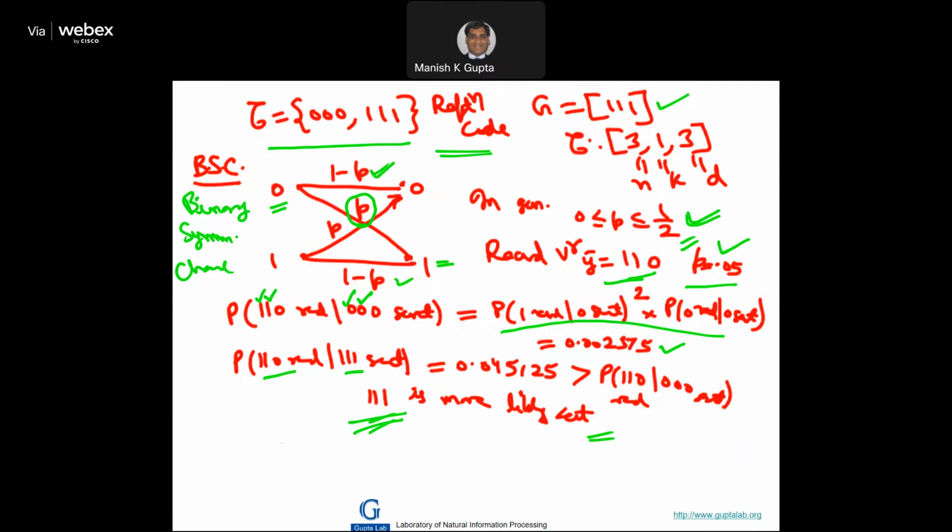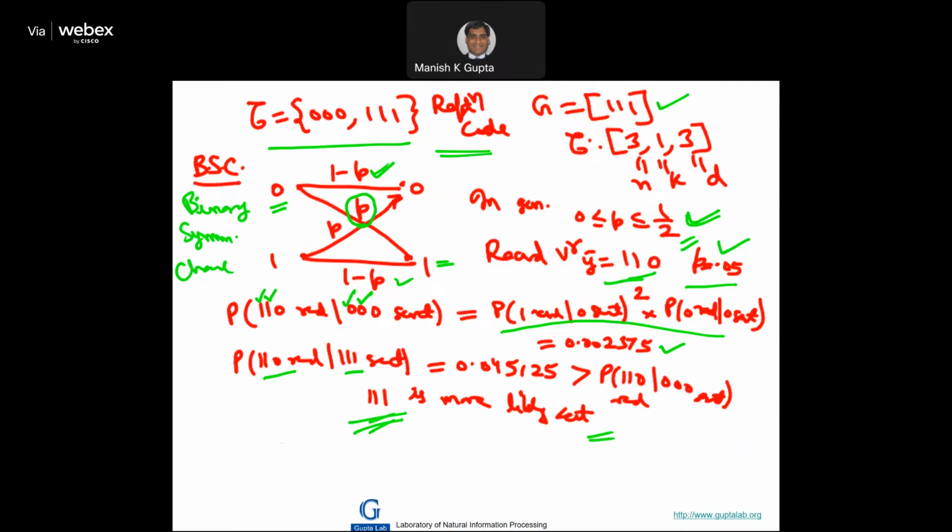Now, if you look at this code and this binary symmetric channel, you can see that if you send bit 0, you will receive bit 1 with probability of error p. Similarly, if you send 1, you will receive 0 with probability of error p.